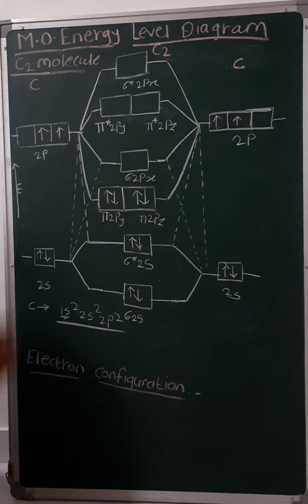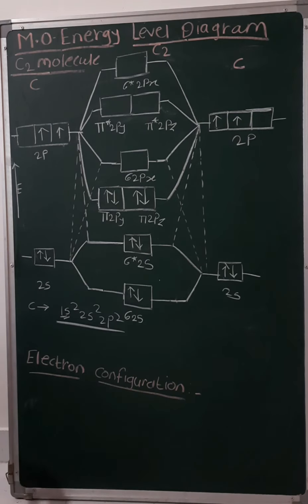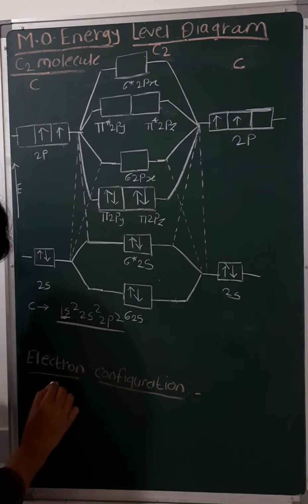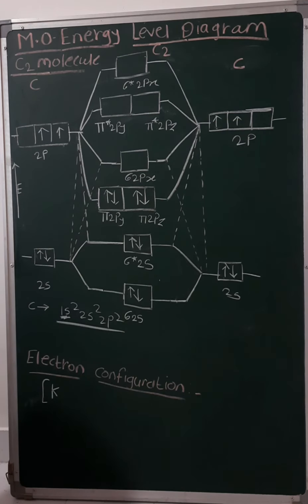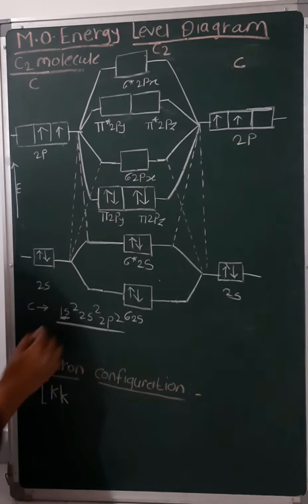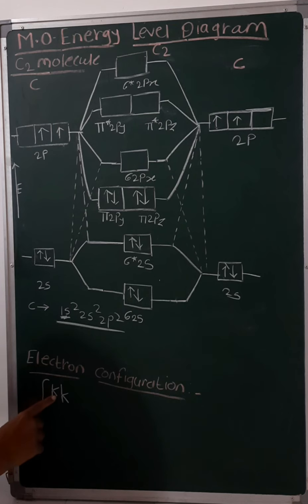Now from this diagram, the electron configuration of the carbon molecule is written as follows. Firstly, the 1s orbital becomes the non-bonding electrons, therefore the letter K is used for it, and K is repeated because there are 2 carbon atoms, that means 2 1s orbitals are present, therefore KK.